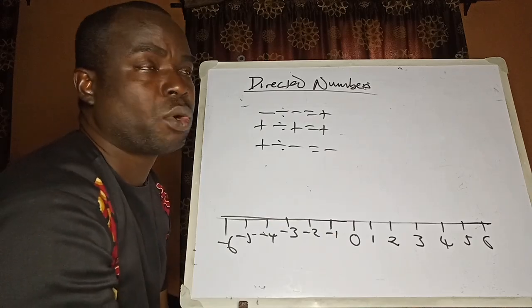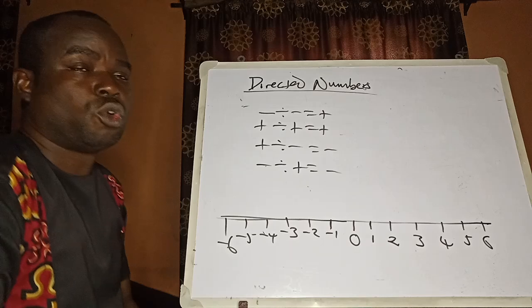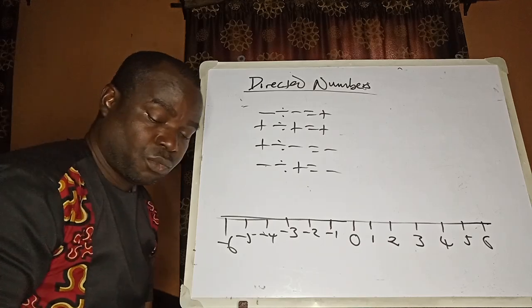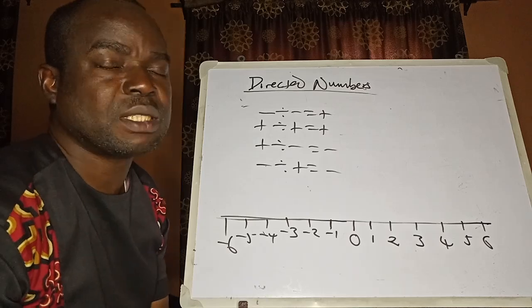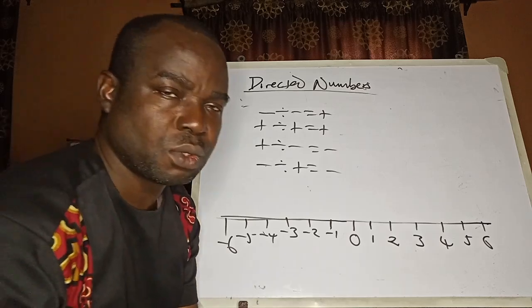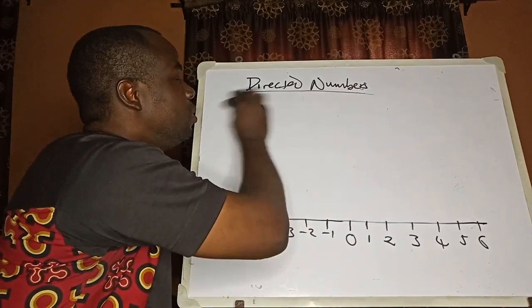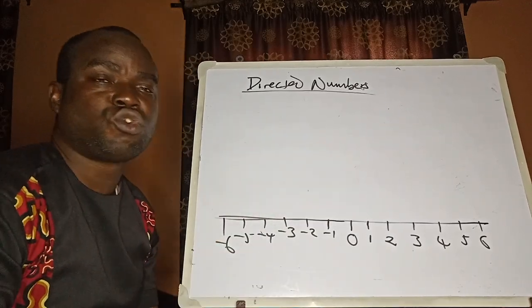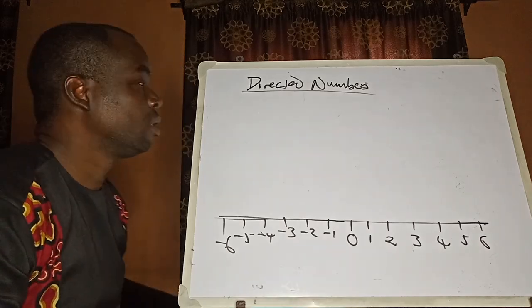And minus divided by plus is minus. So take note of that. Two same signs coming together form plus, and two different signs coming together form minus. Is it clear? Now, let's go straight to the examples so we can quickly look at the topic.